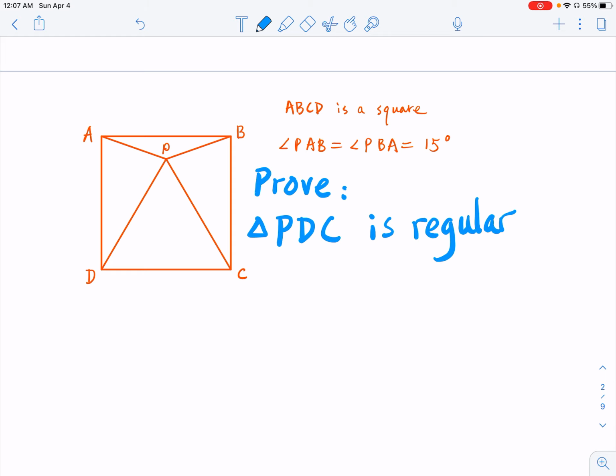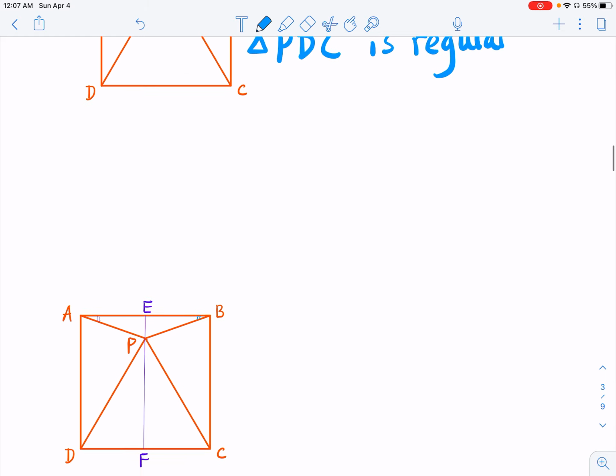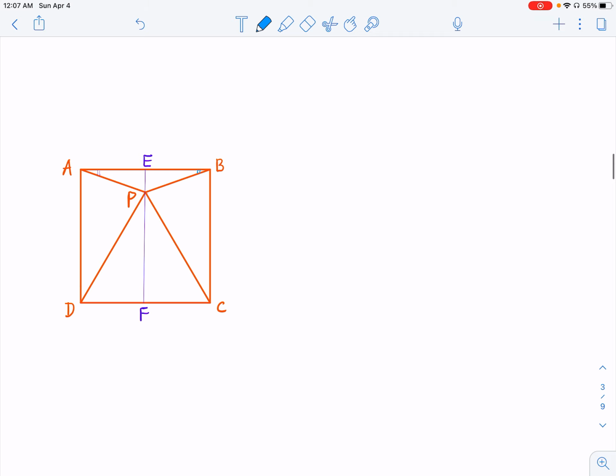Now, it turns out that we can use the fact about 15 degrees. In my previous video, I showed that tangent 15 degrees is equal to 2 minus square root of 3. So we're going to use that as a fact in this proof.